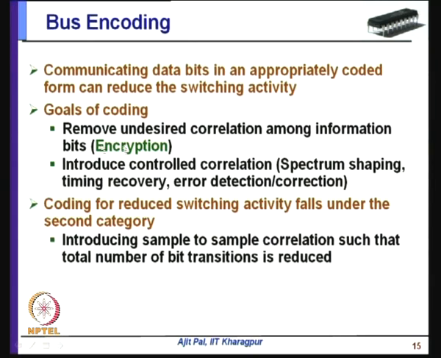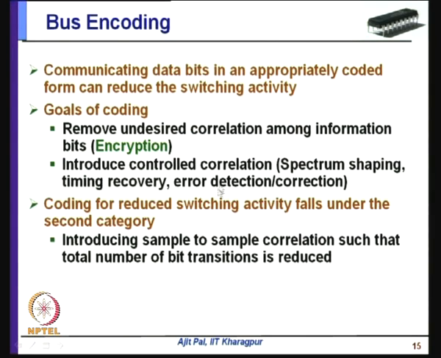So, this is one goal. Another goal is to introduce controlled correlation, as used in spectrum shaping, timing recovery and error detection correction, where instead of removing undesired correlation, we are introducing correlation.